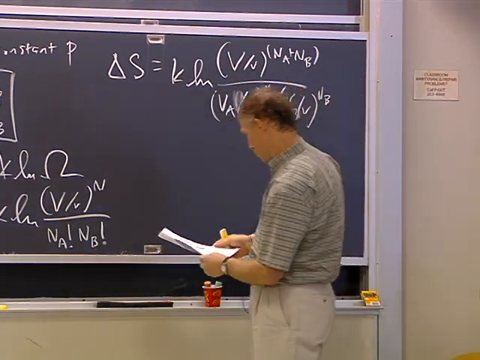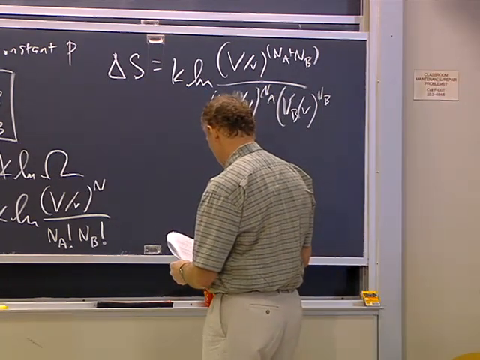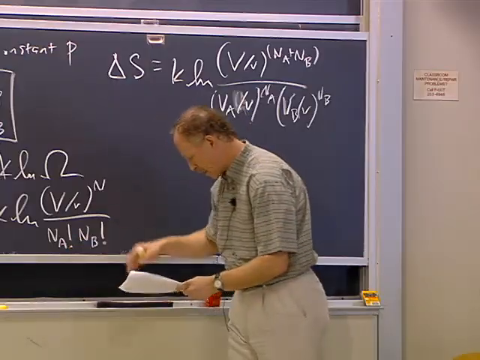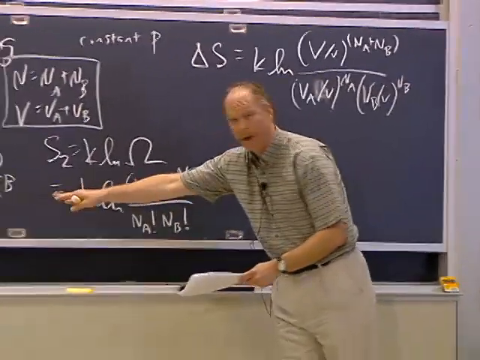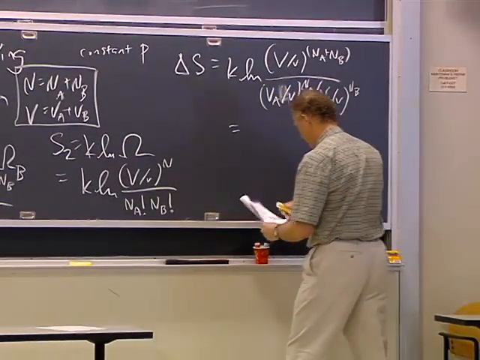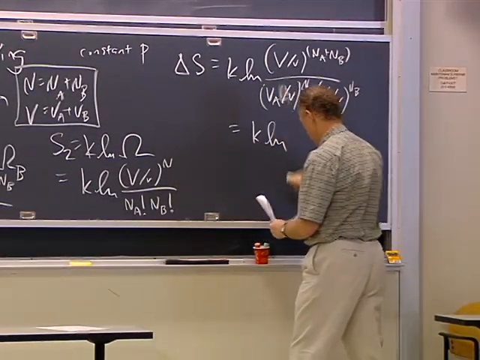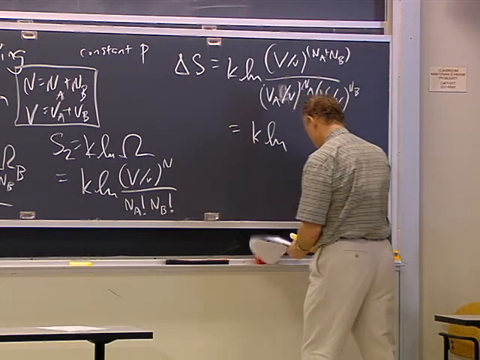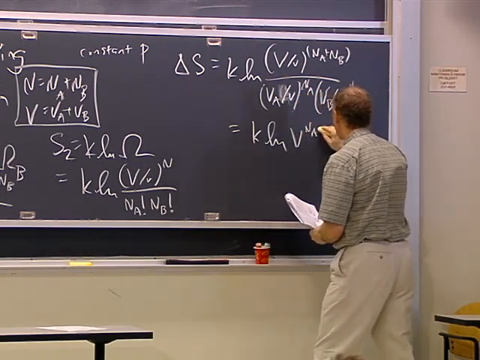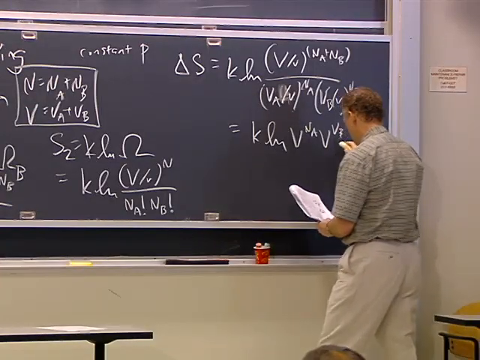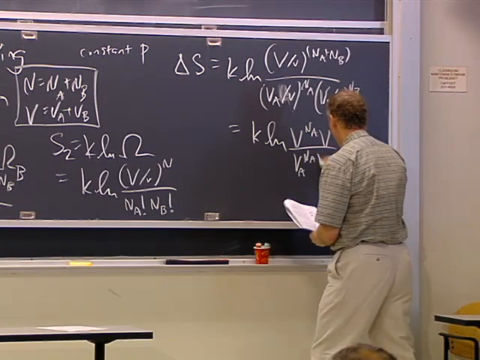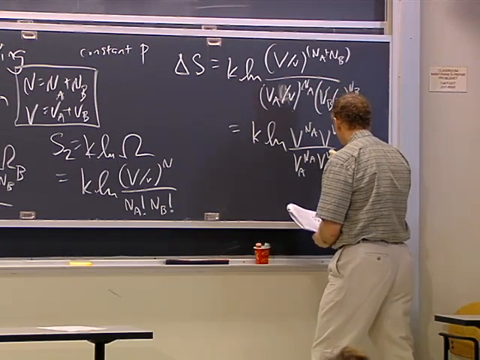And what's happening is, luckily, these factorials are canceling, right? So we just have k log of V to the NA, V to the NB, over VA to the NA, VB to the NB, right?